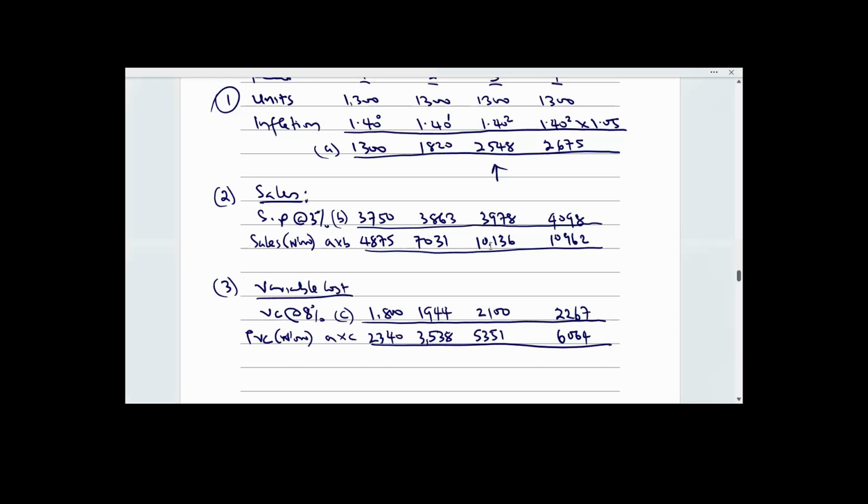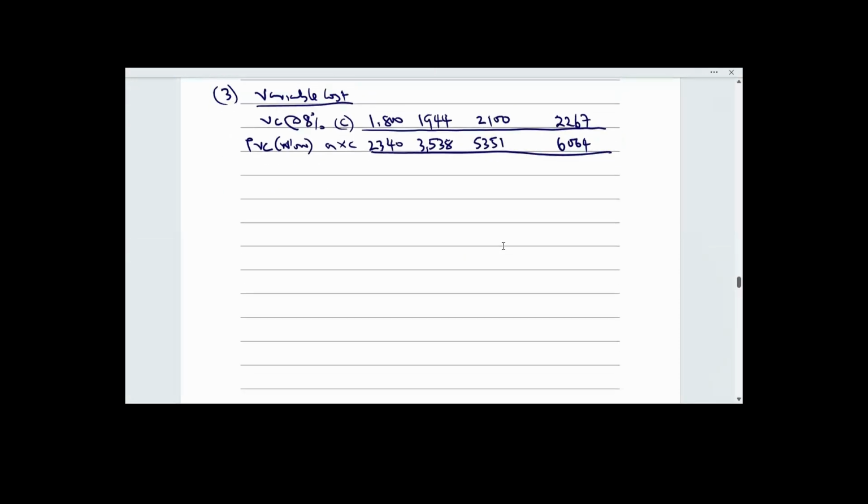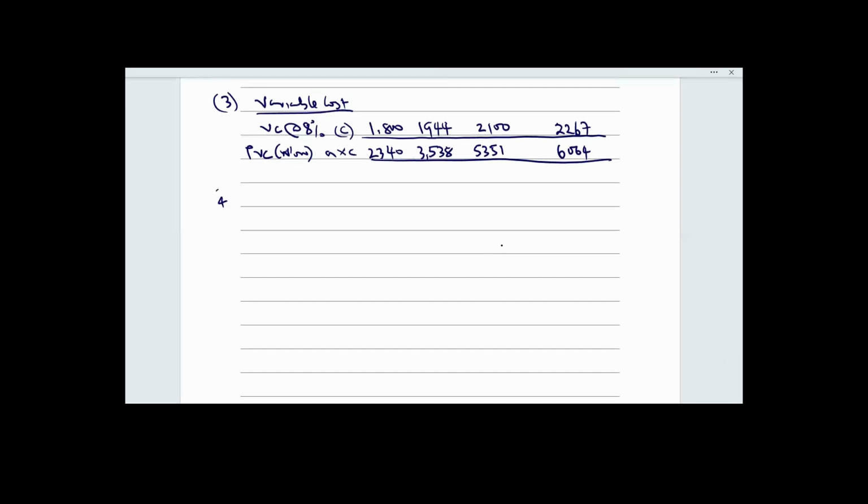So let me just do the working since I'm not posting everything now. Working number 4, fixed overhead. Again, on the day of your exam, don't go and be working for this kind of fixed overhead. Just go ahead on the table, multiply it. So fixed overhead at inflation rate of 5%. Before you go to inflation, you are told it is 40%.